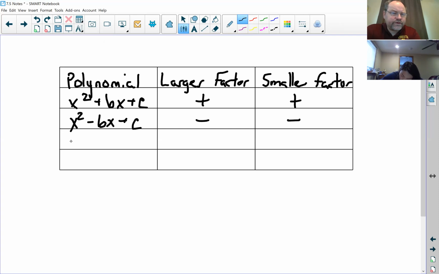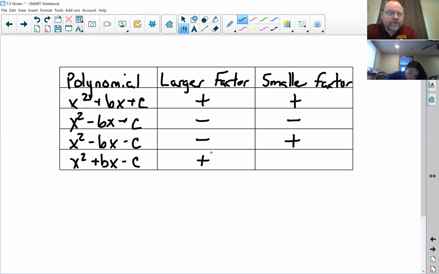If we get x squared minus bx minus c, our larger factor is negative, our smaller factor is positive. And the last option, the last thing that could happen is we could get x squared plus bx minus c, where our larger factor would be positive and our smaller factor would be negative.